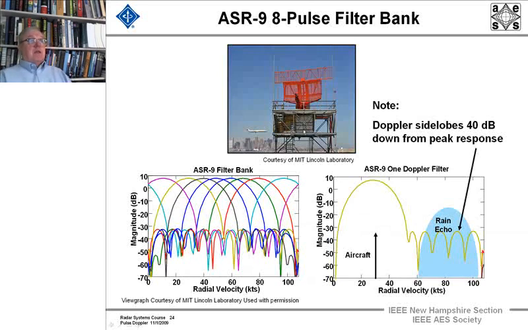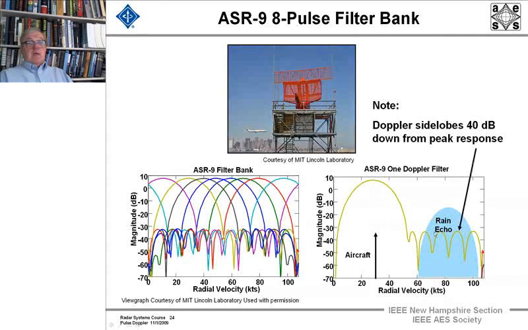Now here's a picture of that ASR7, and these are the ASR9 filter bank. Exactly what is used in the ASR9. And here we see one of the filters, and say we have an aircraft that isn't at 30 miles an hour, but let's say is at 140 miles an hour, it will alias down because of the blind speed, and it will fall into this filter.